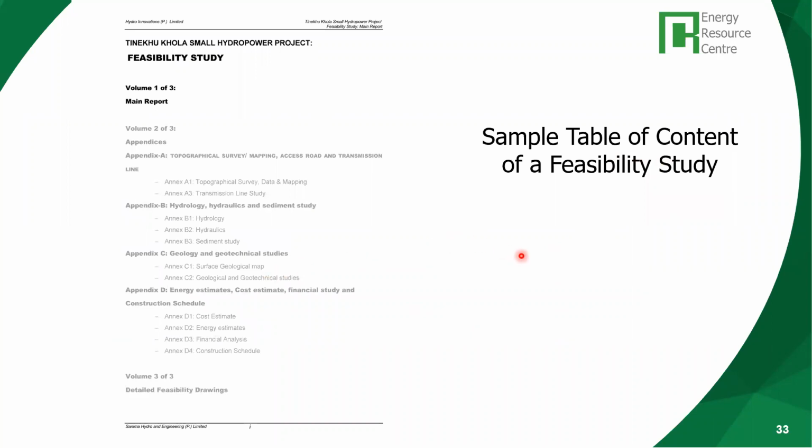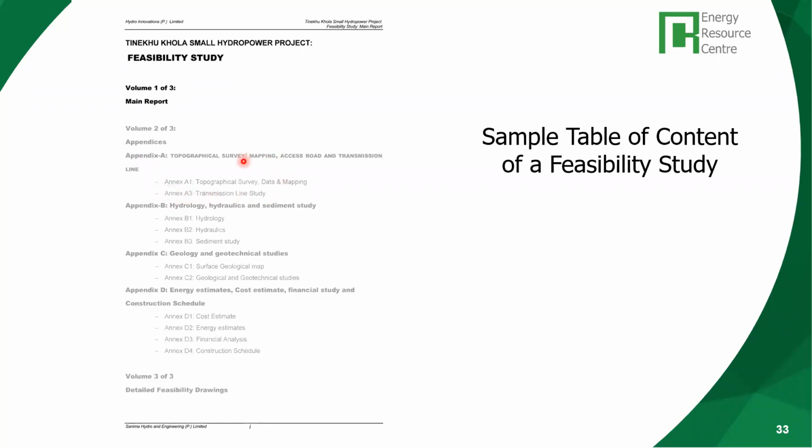Now, if you see, this feasibility study is divided into different parts. We have a main report, I will come to the content of the main report, but you have appendices. Like I mentioned, the topographical survey mapping, the access road, the transmission line.